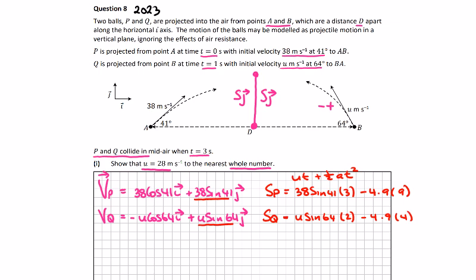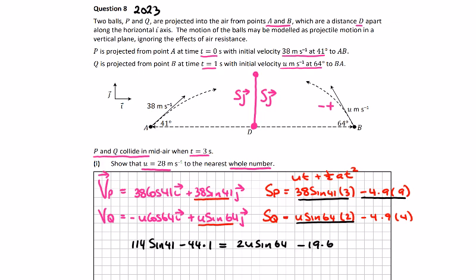So if these are equal to each other, let's write that out. 38 sine 41, well, 38 by 3 is 114 sine 41 minus 44.1 is equal to 2u sine 64 minus 19.6.